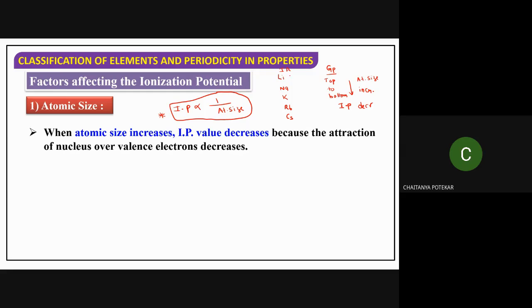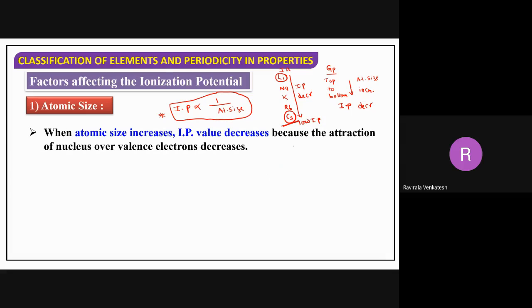From lithium to cesium, ionization potential decreases. Among lithium and cesium, which has the lower ionization potential? Cesium, very low ionization potential.